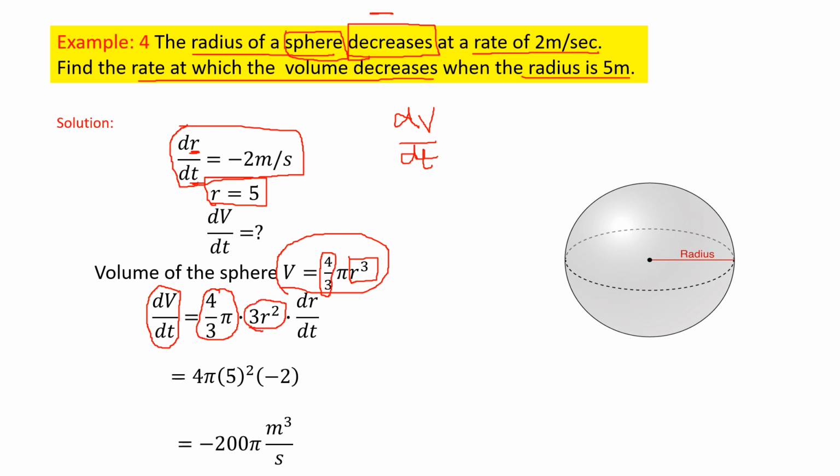Using chain rule, if I differentiate r with respect to time, it will give you dr by dt. So in this equation, we will replace r by 5, dr by dt equal to minus 2. If I simplify, I will get minus 200 pi meter cube per second. Since we are looking for volume, you have to write the final answer as meter cube.